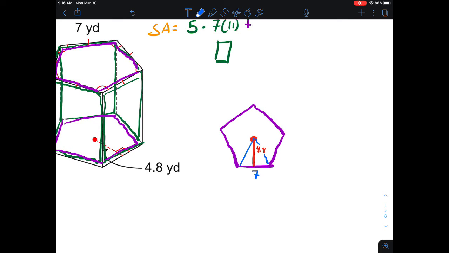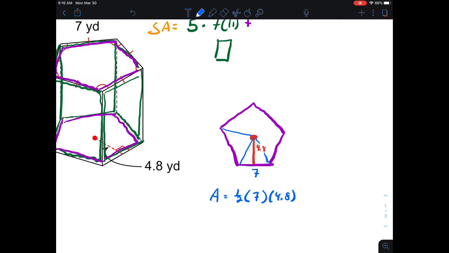So the area of one of those triangles would be 1/2 times 7 times 4.8, and then I look and say, all right, well, this is a regular pentagon, so there's actually 5 of those triangles. So I take that triangle measure and times it by 5, and that's going to give me 84.